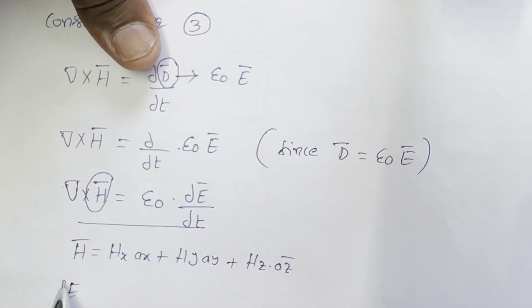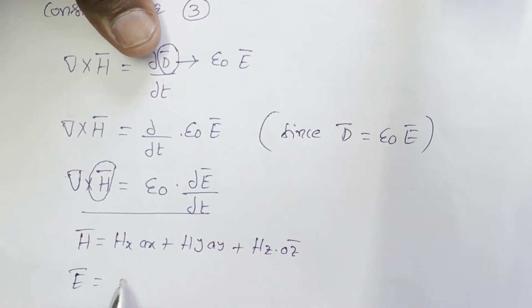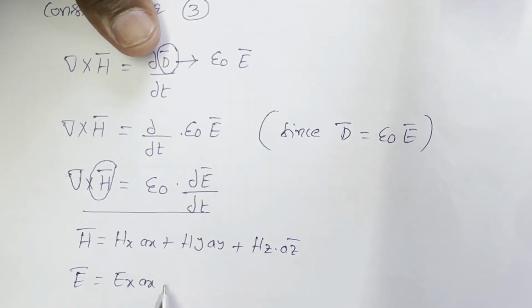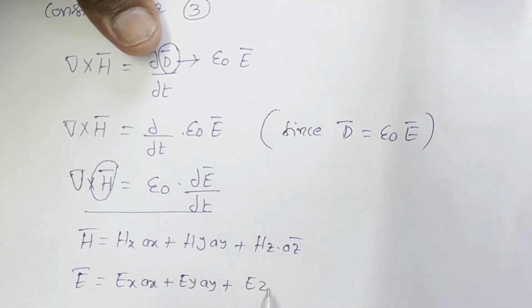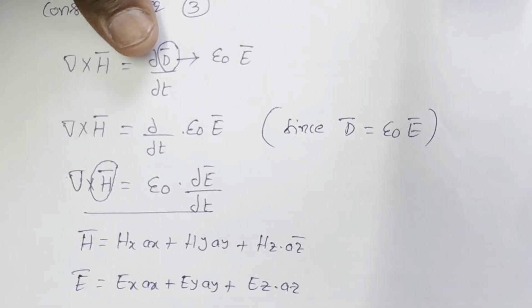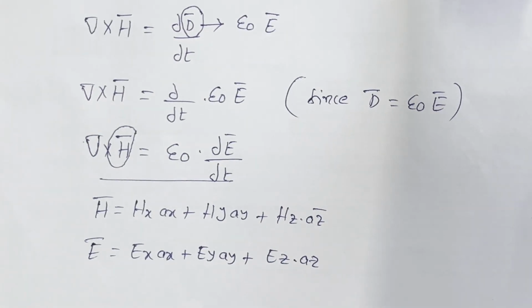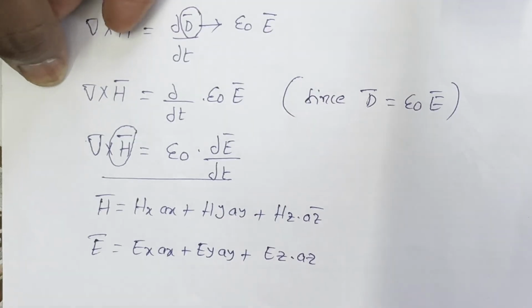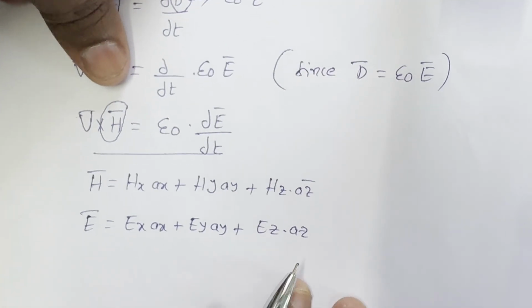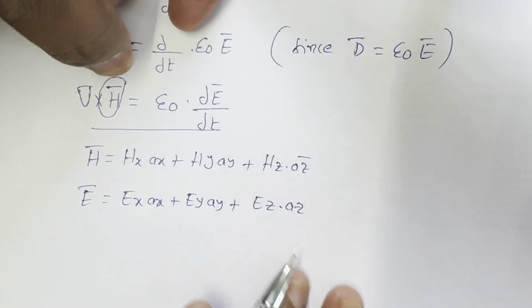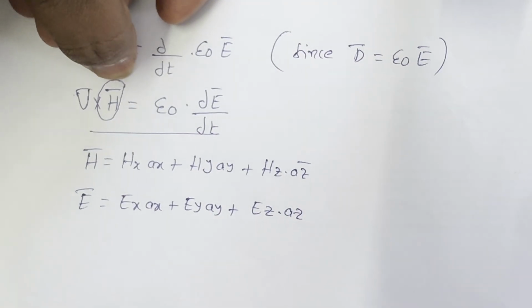Similarly, E bar can be expressed as Ex plus Ey plus Ez. And we have already del as dou by dou x, dou by dou y, dou by dou z. With this, I am making the cross product.